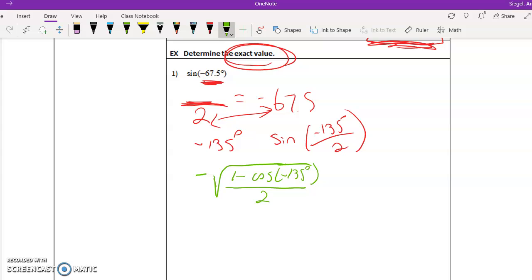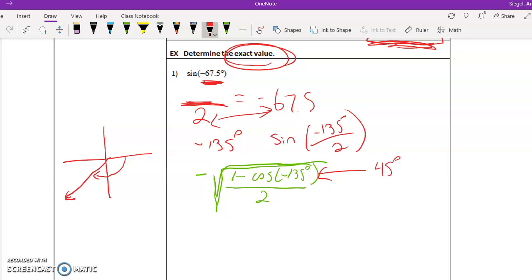Okay, so first of all, this whole thing is underneath the square root. Second of all, we need to make sure what that is on the unit circle. A reference angle is going to be 45. Let's think about negative 135. This is negative 90 going this way, and so this is going to be negative 135.